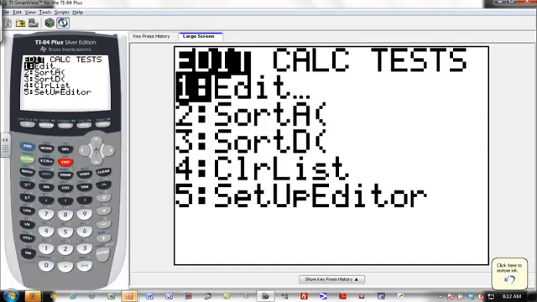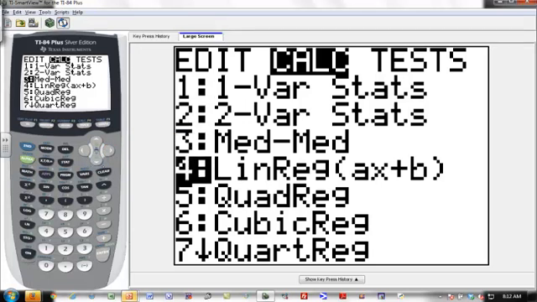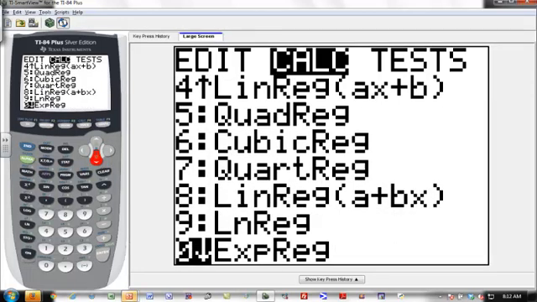Under stats, under calc, we have linreg, we've got quadreg, change it into a quadratic, cubic, quartic. Go down that list just a little bit further. There's one called expreg, exponential regression. Now, this isn't on the AP exam because the writers of the exam want you to only think about using linear regression.